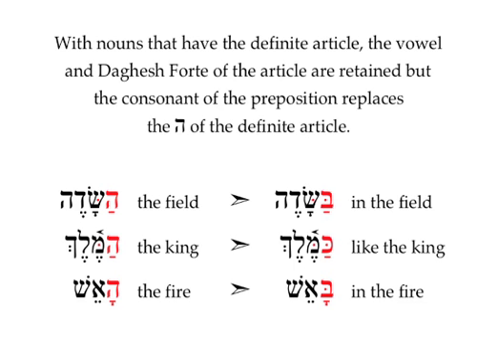The translation in comes from the bait preposition. The translation the comes from the patach and the forte, because the patach and the forte are the remnant of the definite article. So this is a little bit tricky because the hey has gone covert.